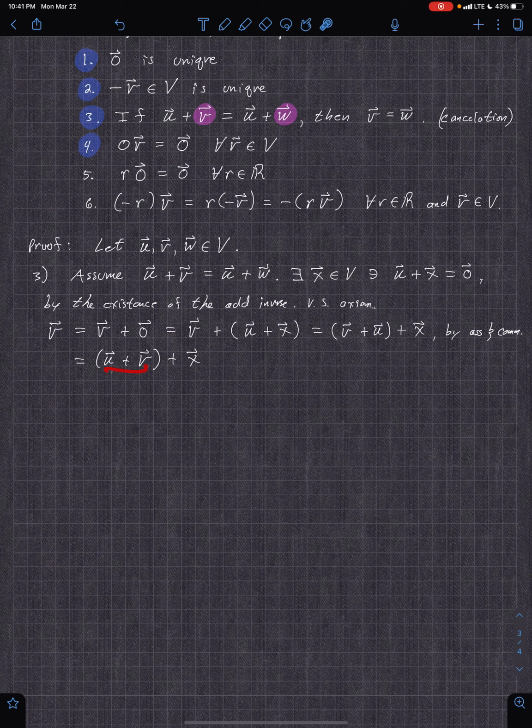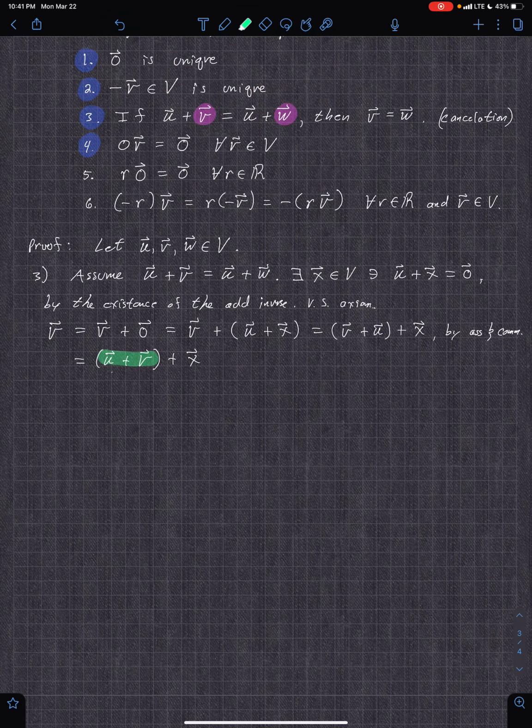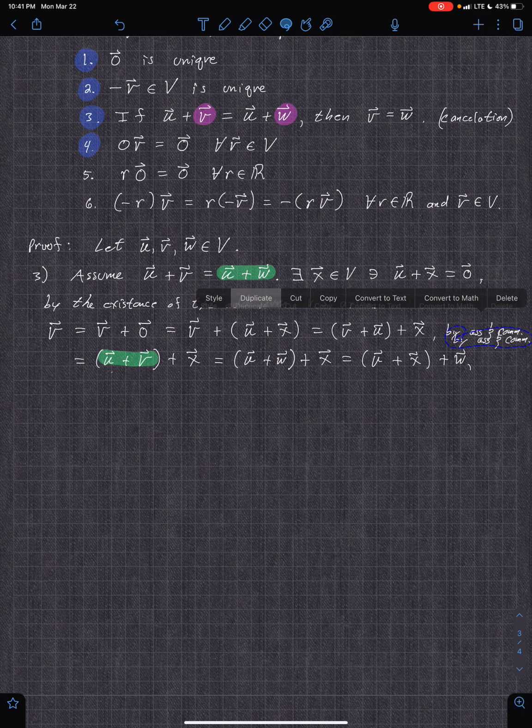U plus V is assumed to be U plus W. So that equals U plus W plus X. Now by associative and commutative again, I have U plus X plus W. And that's the same rationale, associative and commutative.